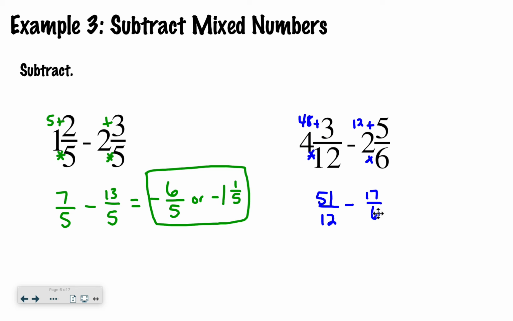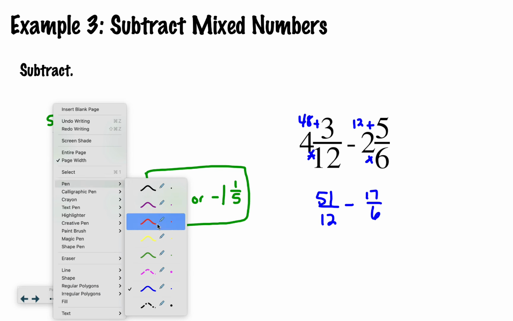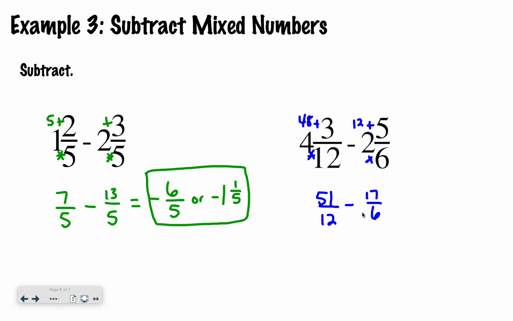And remember, when we're adding or subtracting fractions, we need to have a common denominator. So if this is 12 and the other one's 6, I need a common denominator, which is what we practiced yesterday. So I need these two denominators to match.